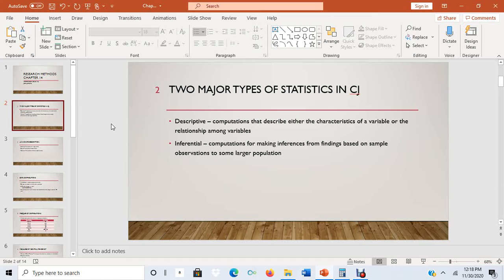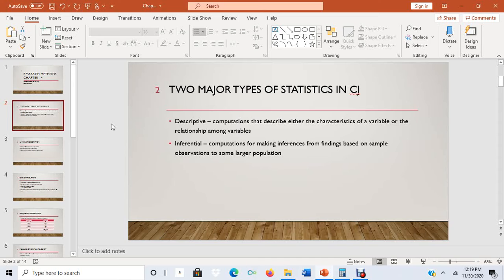Inferential statistics help researchers form conclusions from their observations, usually about a population from which a sample was drawn. So if you think about Chapter 8, we talked about sampling and how we might use probability sampling to draw a sample from some larger target population and then use the findings of that sample to speak for that larger target population. That's all inferential statistics are.